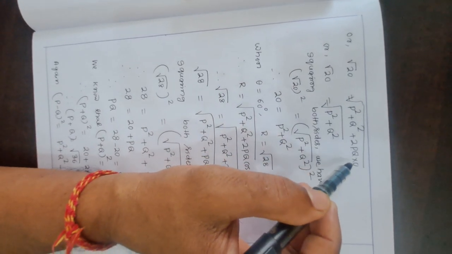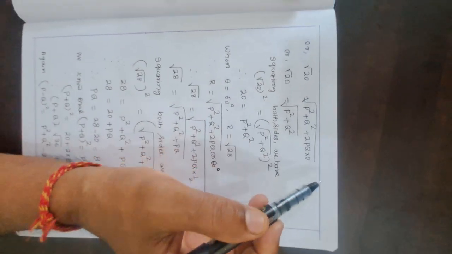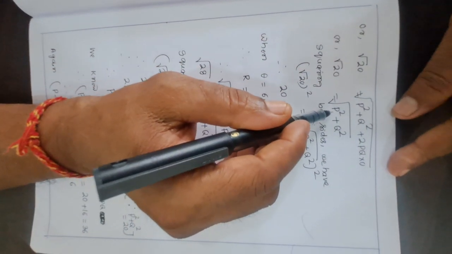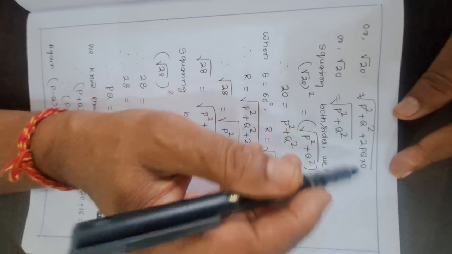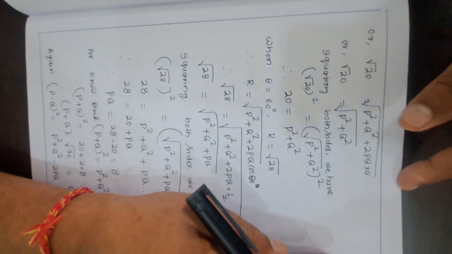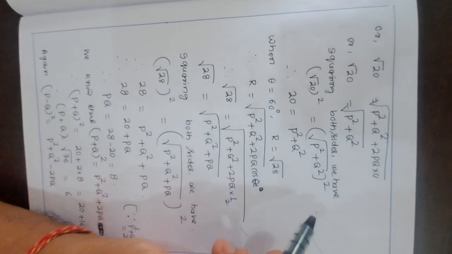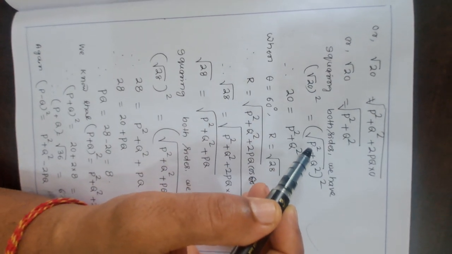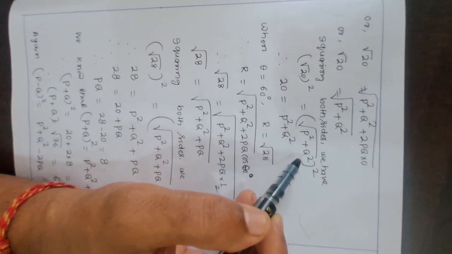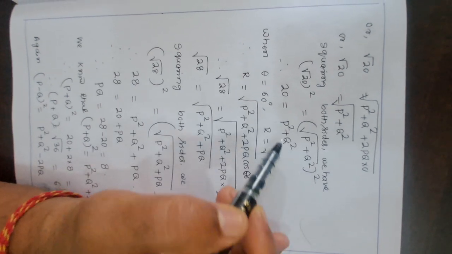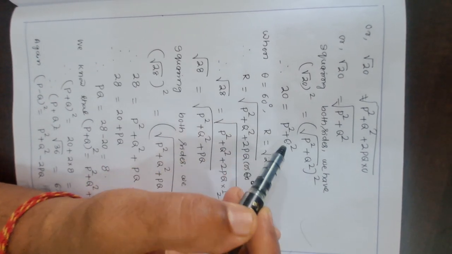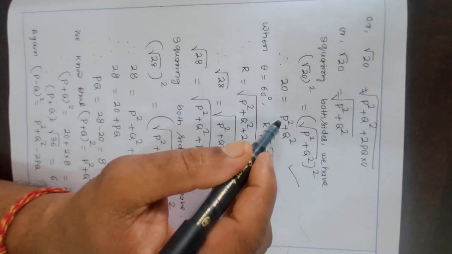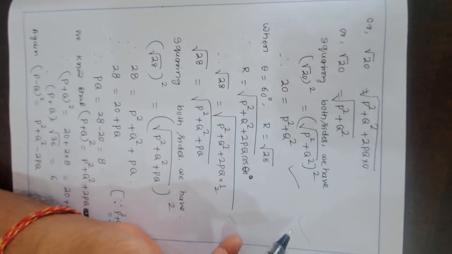Therefore, root over 20 is equal to root over P square plus Q square. Then squaring both sides, we have 20 is equal to P square plus Q square. Here P square plus Q square is equal to 20.